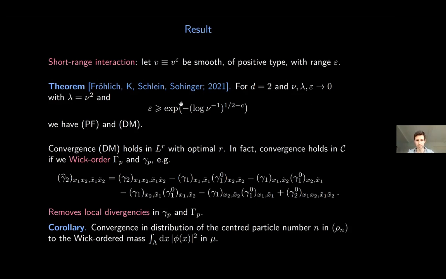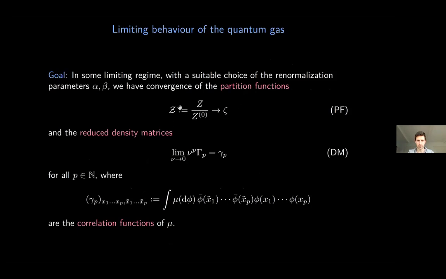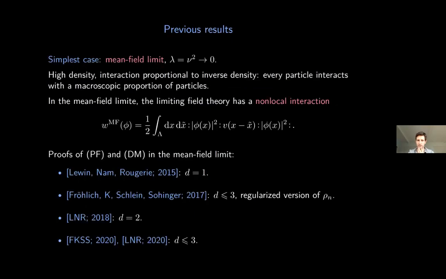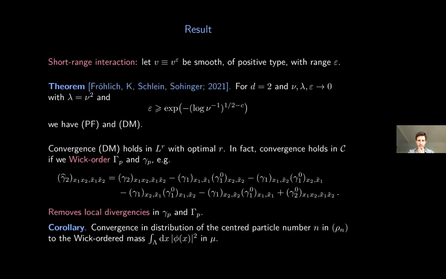But this is what we can do currently. Then you get this convergence. You get the convergence of the partition function and the reduced density matrices towards those of this true Euclidean field theory in 2D.